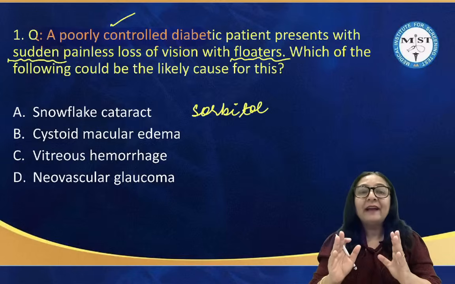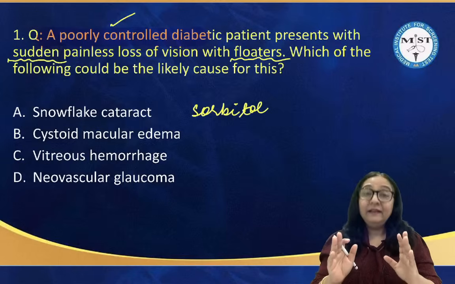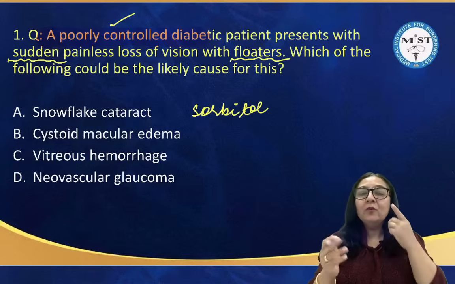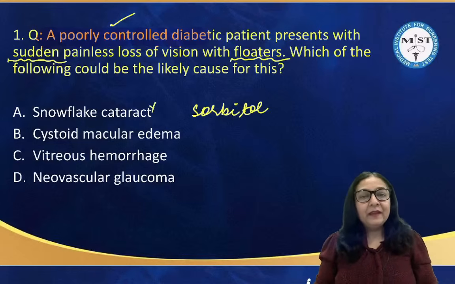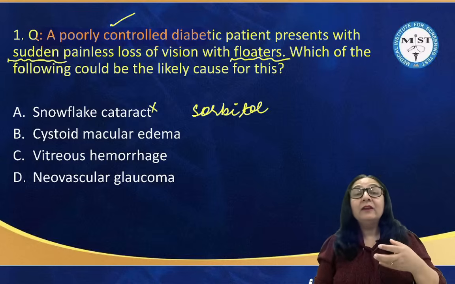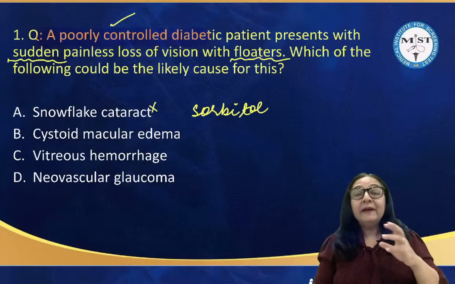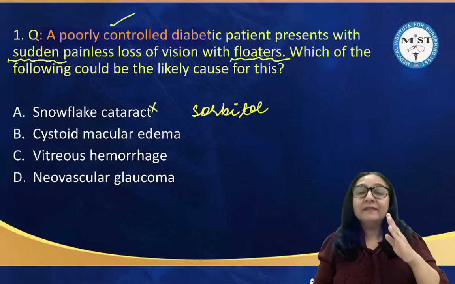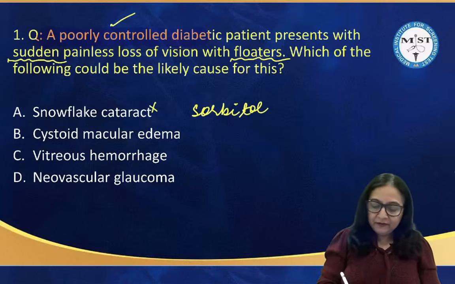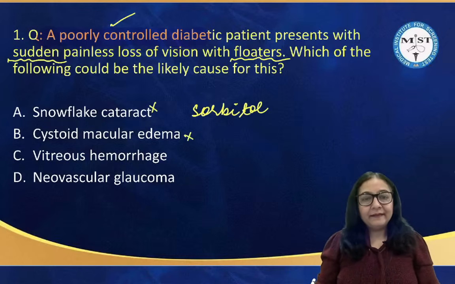So snowflake cataract will not cause sudden loss of vision, and there is no reason for the floaters. So this is not the right choice here. Cystoid macular edema, again, it will cause loss of vision, but you do not see floaters, as well as the vision loss is always progressive. So this is not the choice here.